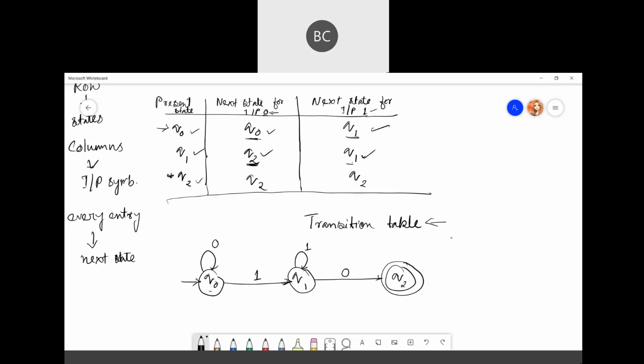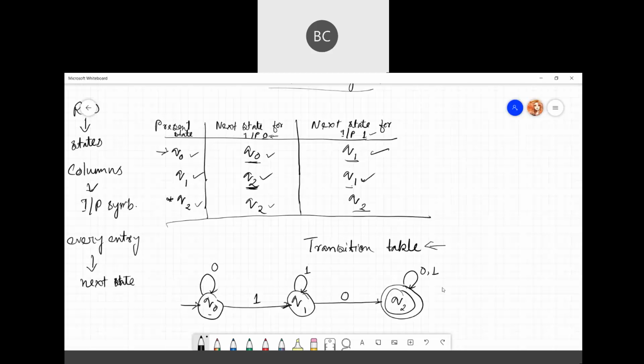You are just drawing the transition diagram from the table. Next Q2. For Q2, when it reads input symbol 0, it moves to the same state Q2. Then for 1 also it remains in the same state. So you can just put 0, 1 with a comma here and write it like this. That means for both 0 and 1, it remains in the final state.